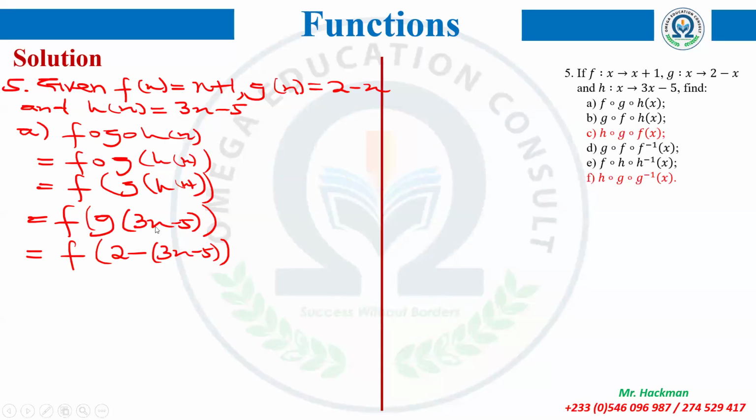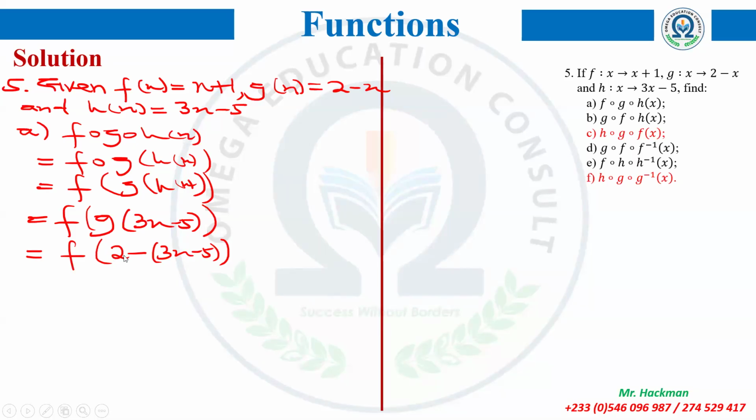J of 3x minus 5 will mean wherever you see x in j of x, the input now is this expression 3x minus 5. So this x now will become 3x minus 5. That will give us 2 minus x, and our new x here is 3x minus 5. So that's what I did. I put that in bracket, but I kept my f. It's still there. Is that clear now?